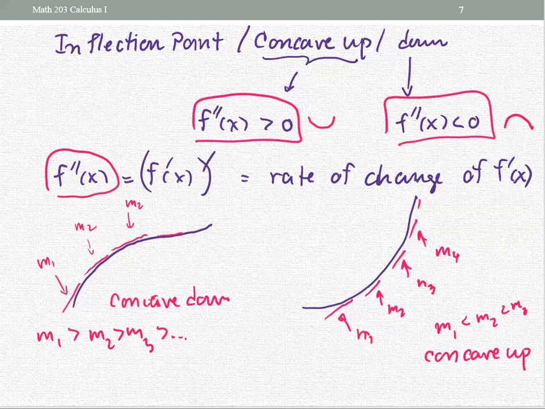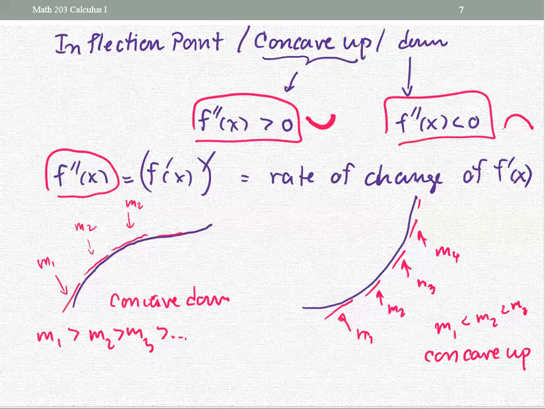This is my concave up symbol, and this is my concave down symbol. I'm happy because my f double prime is positive, and not happy when it is negative. This helps me get to the point quicker than just memorizing too many things. Just a quick tip.